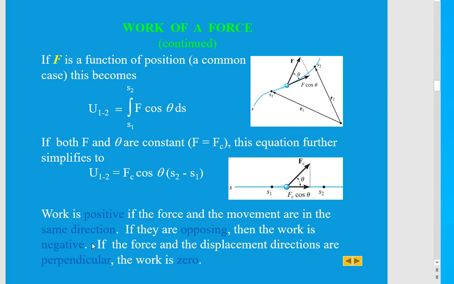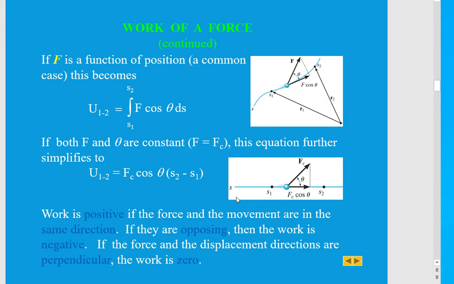So what does it mean to have a positive work? Work is positive if the force and the movement are in the same direction, which is the dot product. If they are along the same direction, then the cosine is between 0 and 90 degrees, meaning it's positive, between 1 and 0.